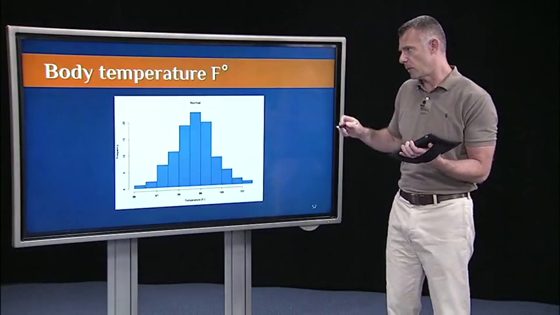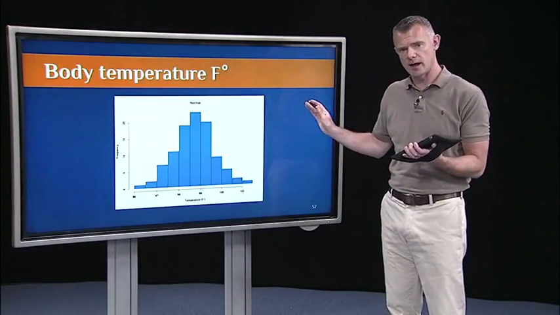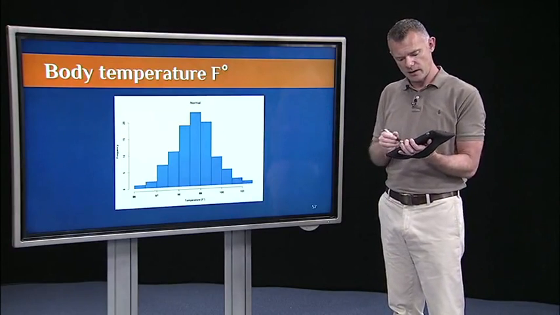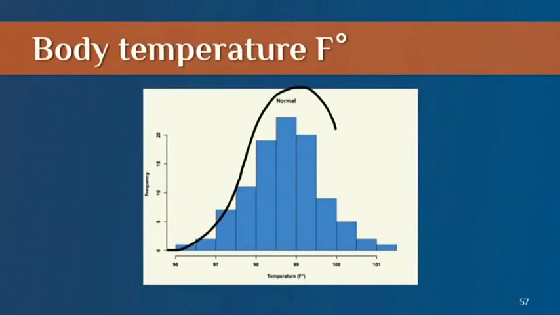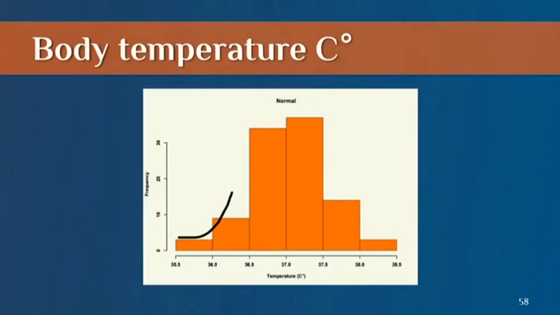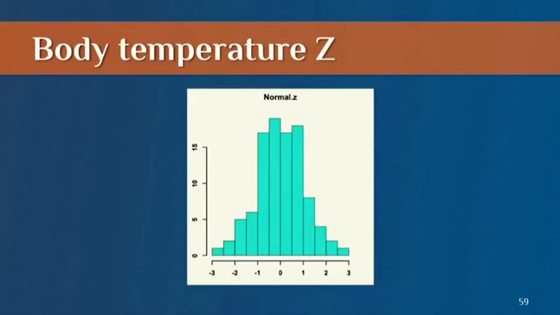So again, let's look at this body temperature distribution. Here it is again in degrees Fahrenheit. It's this nice normal distribution. Here it is again in Celsius. Again, nice normal distribution. Here it is in terms of z-scores. Again, we did this in R, and R did the breaks a little bit differently for this graph, but it's still a nice normal distribution.